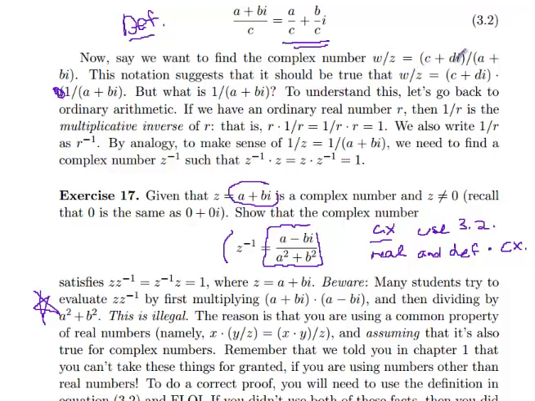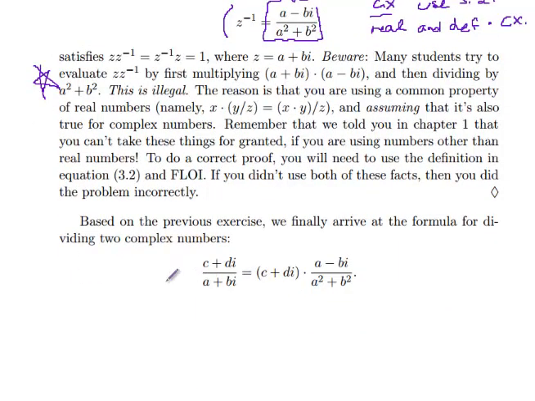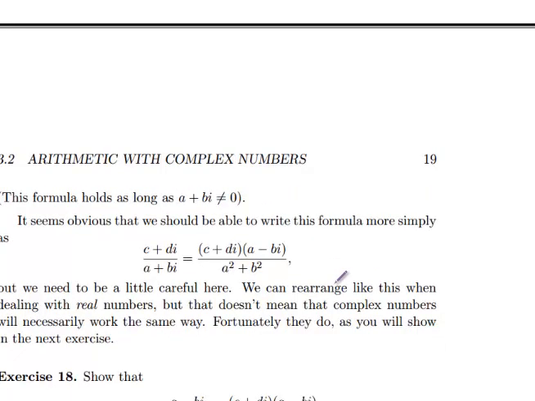So in order to get c plus di over a plus bi, we simply replace 1 over a plus bi by this expression, and that's where this expression comes from for the definition of the ratio of two complex numbers. Okay, so you'll be using these definitions in your proofs and exercises. Okay, now of course if there's a 0 in the denominator, there's a problem. But that's true with real numbers as well.